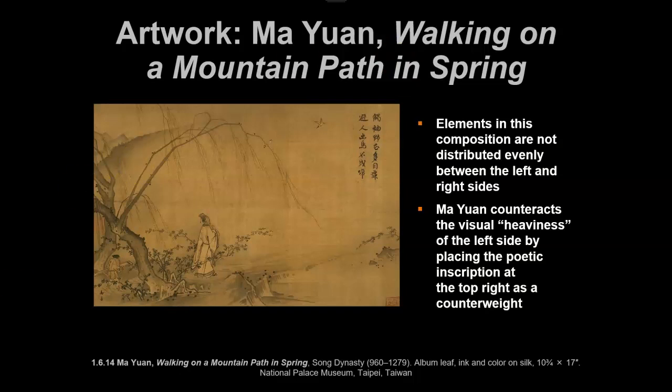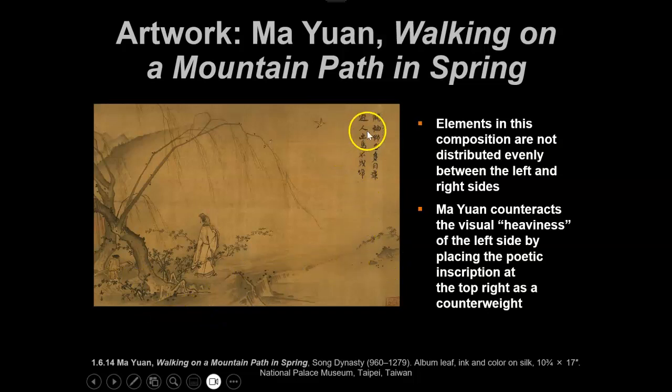So if you look at what is my right, your left, the trees right here, you'll see how the tree is closer to us, and so it naturally has more weight to it. But in order to balance it out, the artist creates these other little elements on the right side.